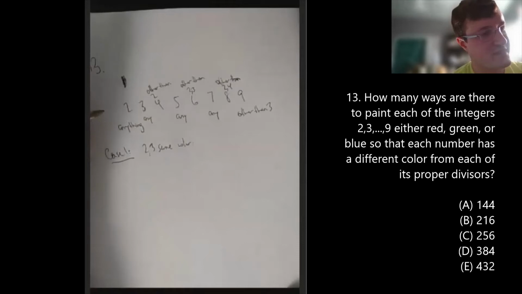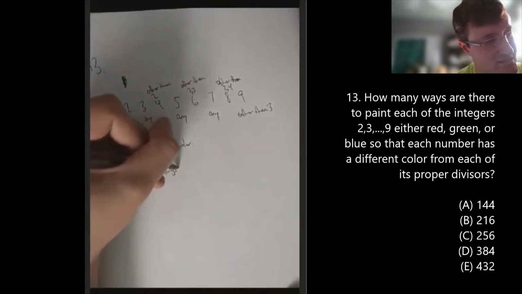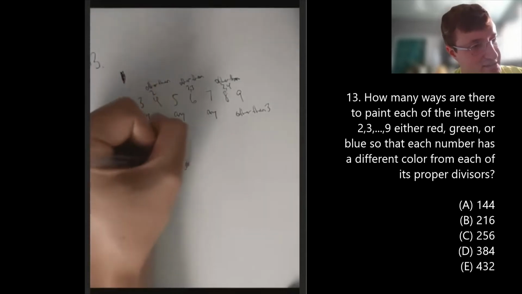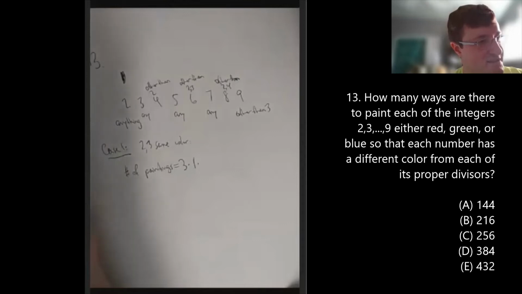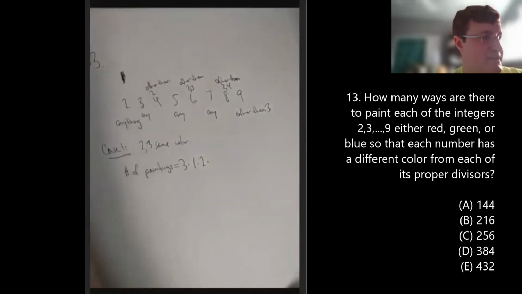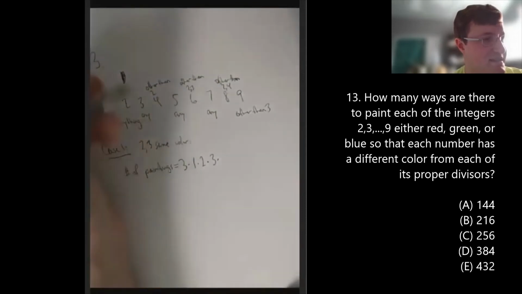Okay, so the number of paintings or colorings, I guess, is, okay, so 2 can be anything, so there are 3 choices. Then I have 1 choice for the color of 3 because it has to be the same as the color of 2. I have 2 choices for the color of 4 to be anything other than what 2 is. Then 5 can be anything, so 3 choices. 6 can be anything other than 2 and 3, but 2 and 3 are the same color.